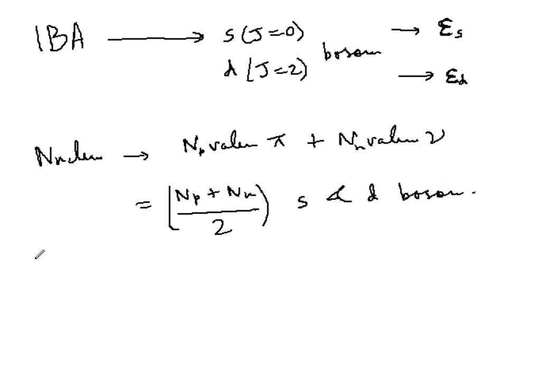Right. Let us take an example of 152 samarium. Here you see capital N is equal to 6 plus 4. Number of protons, number of neutrons. And this is equal to 10. Now this is what I am saying here.